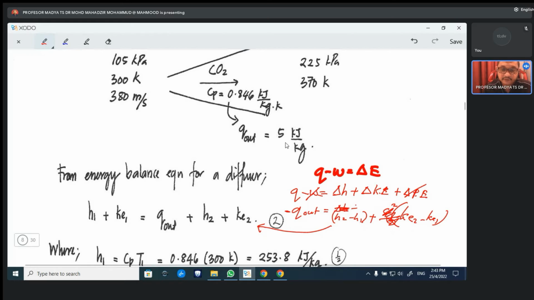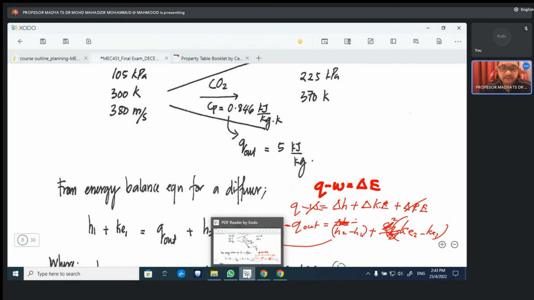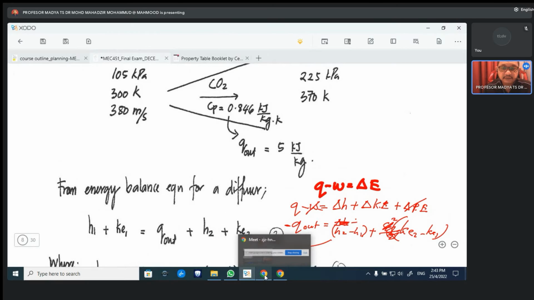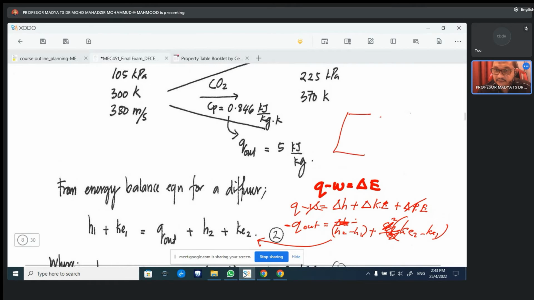So if we use the approach of Cengel, what must we consider? Okay, what must we consider? The properties table, because when you use Cengel, that means this is a system.